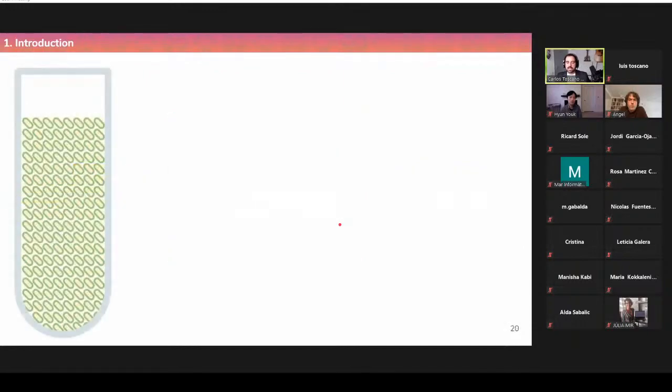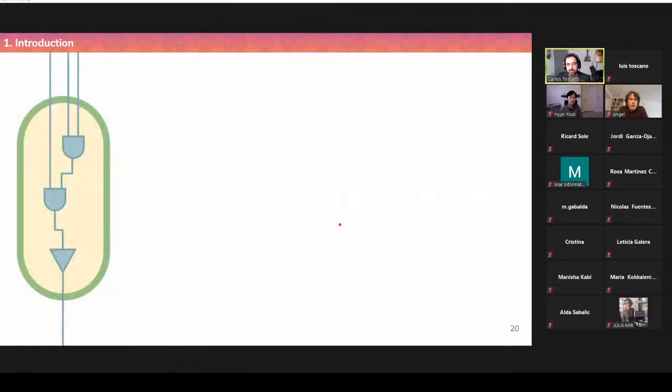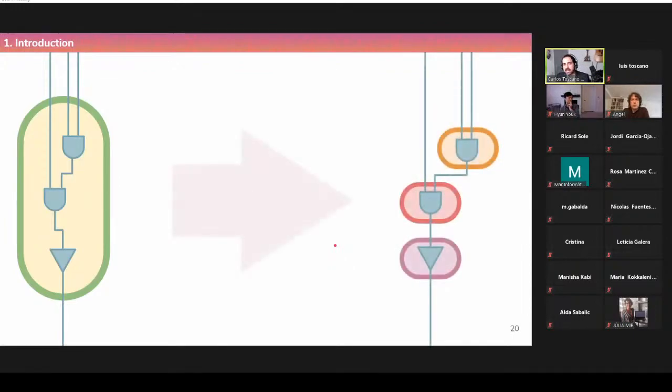So if we have a culture composed of a single cell type with the whole circuit inside, and this may present these problems of growth and gene expression, an idea appeared of splitting the circuit and hosting the different, for instance, logic gates in different cell types, different strains, and connecting them using chemical wires.